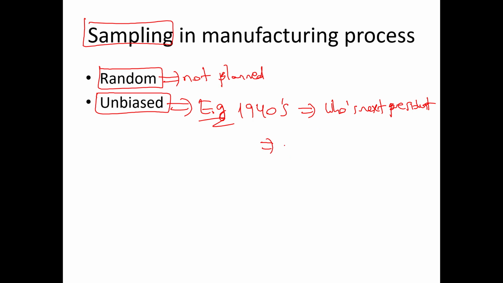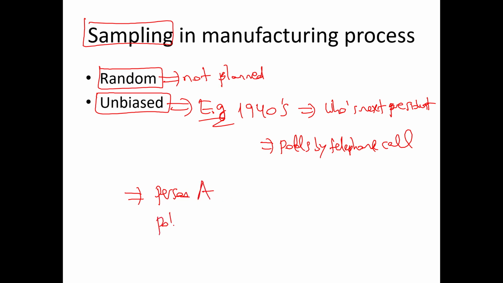To guess the next president, they made polls by telephone call. They called the people and asked their opinion: who are you voting for in this election? And then they guessed, for example, that person A would be the next president. This is by the poll. But the real election came, and person B became the president.